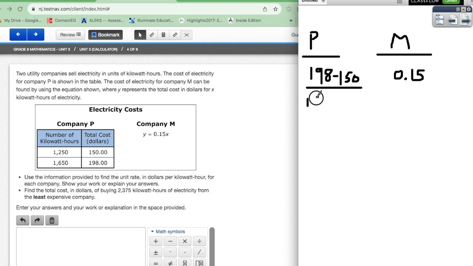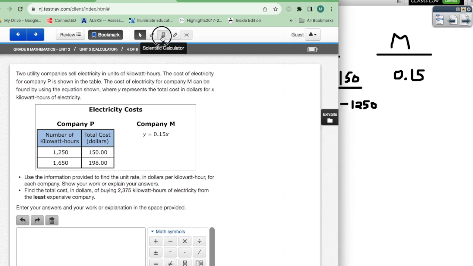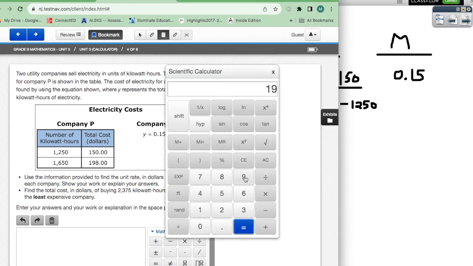So 1,650 minus 1,250. So I'm guessing we should get something like this, like a 15 cents, a 14 cents, and 18 cents, something like that. All right, let's use our calculator just to make sure we get this right, because I know that we can do this calculation, but if they give us a calculator, use it.